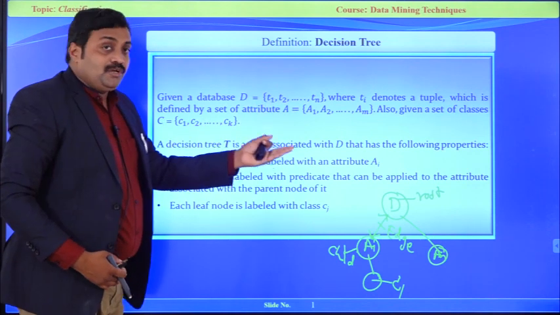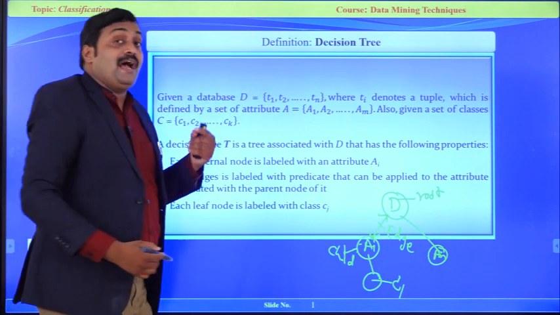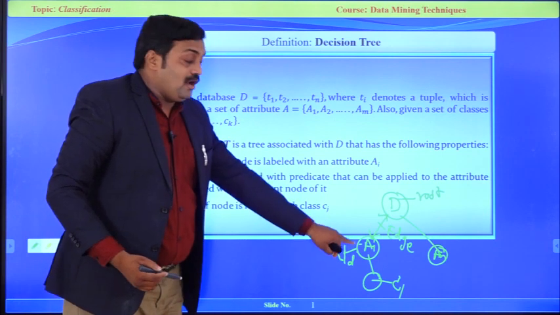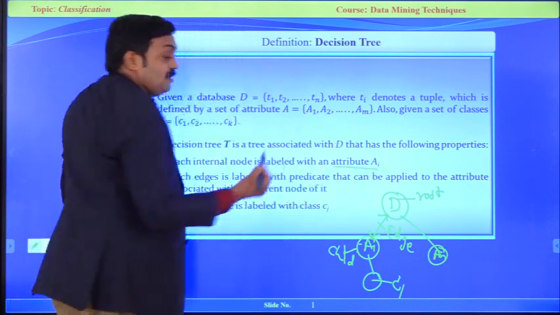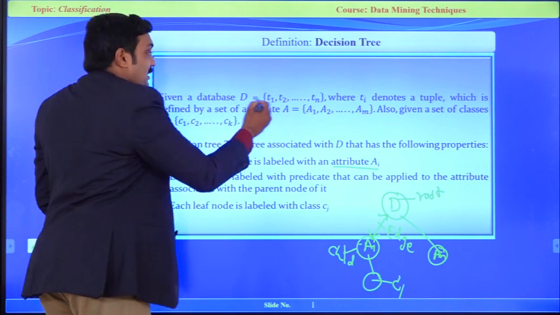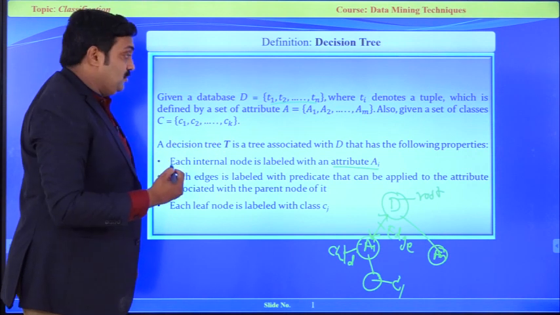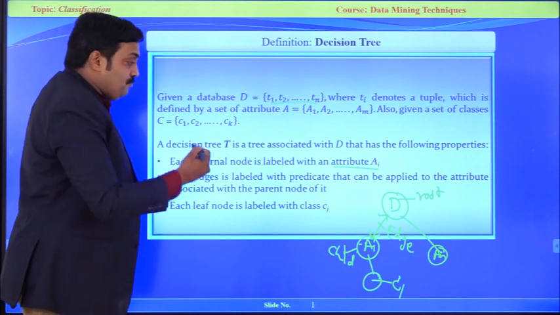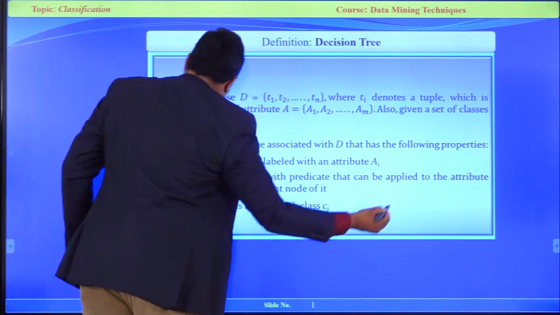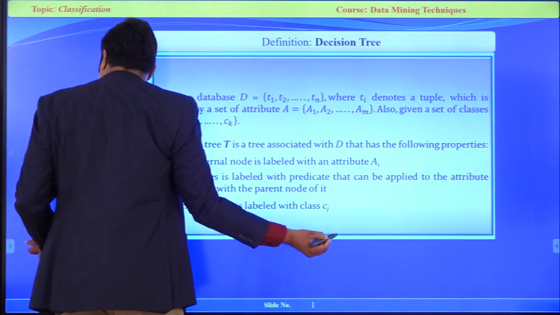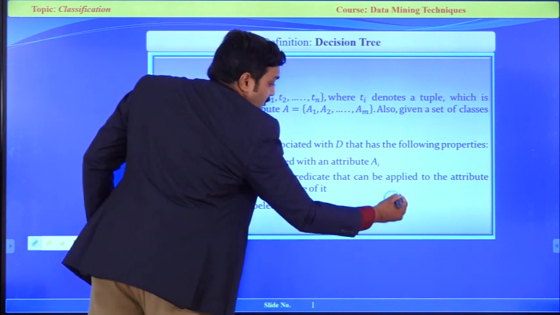Now, the internal nodes represent the attributes, and the attributes come from the tuple only. From these attributes, we are making a root node.